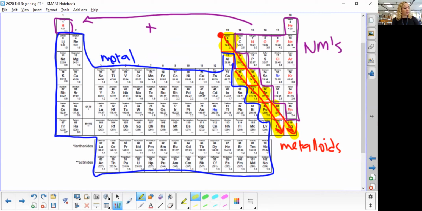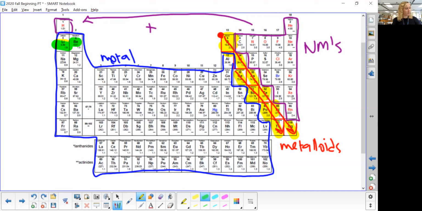So if you look at these elements that are in black lettering, which is most elements, even if we go over here to phosphorus, sulfur, selenium, and let me not use yellow highlight here. So I got rid of some of them.